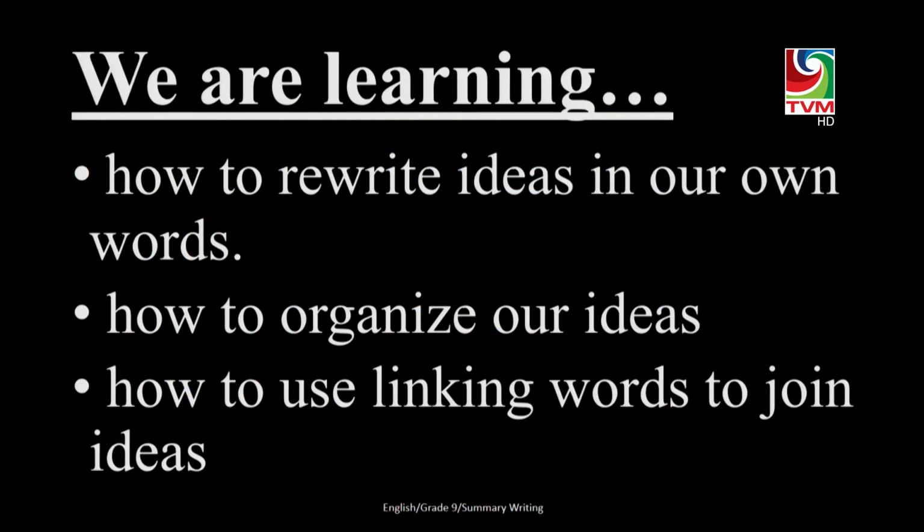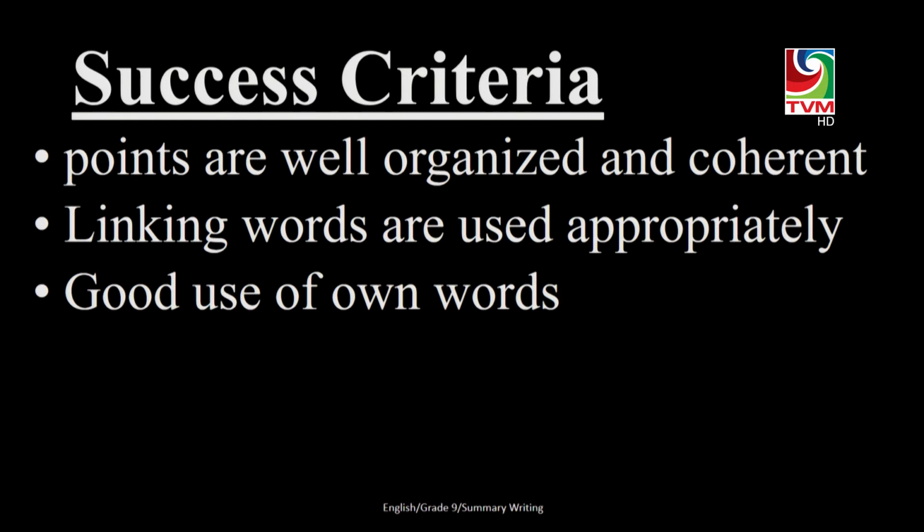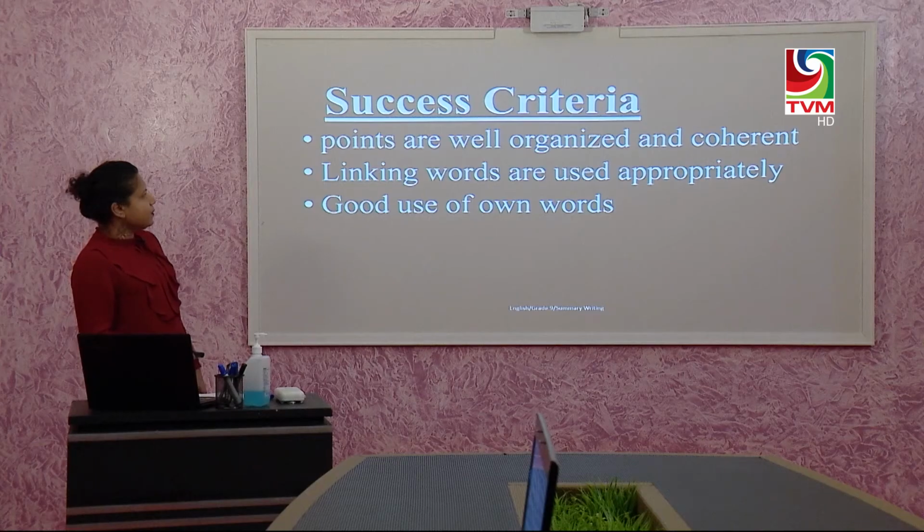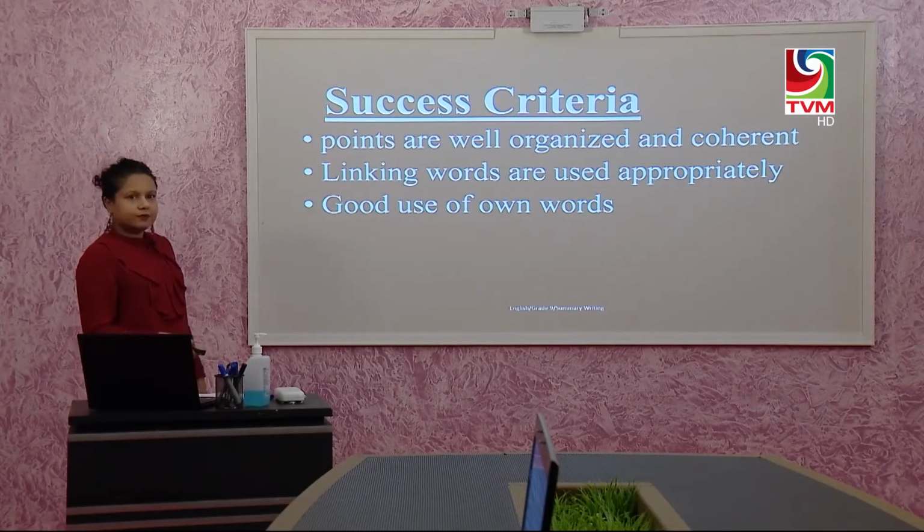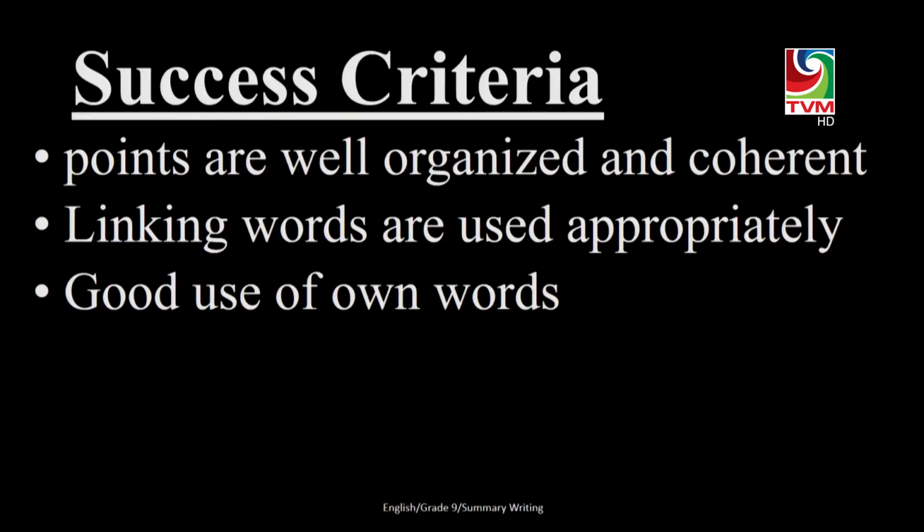Today we are learning how to rewrite ideas in our own words, how to organize our ideas, and how to use linking words to join ideas. Here's the success criteria. So this is how you can tell if you are successful. Points are well organized and coherent, linking words are used appropriately, and good use of own words.